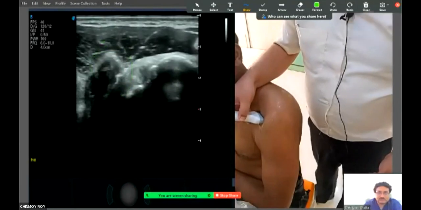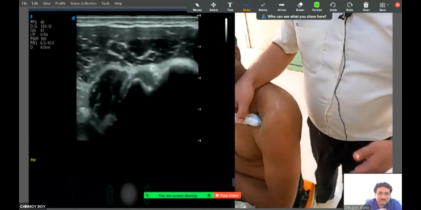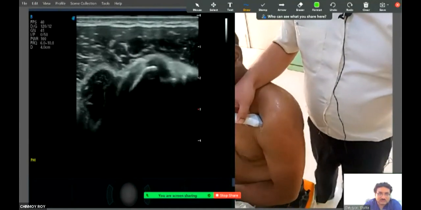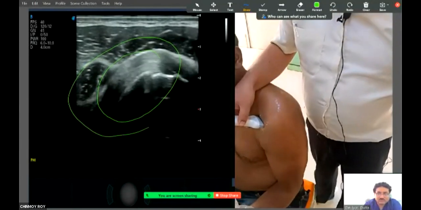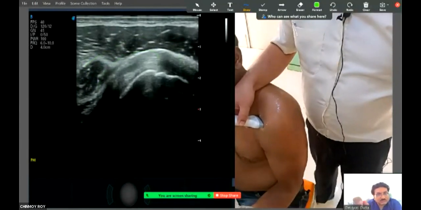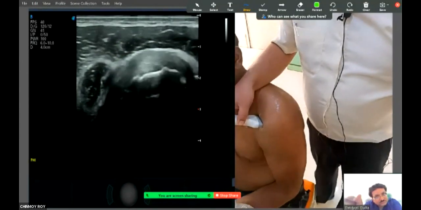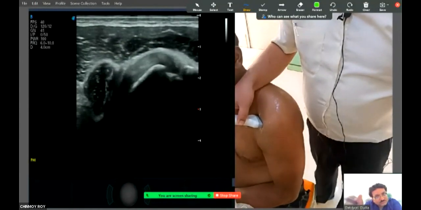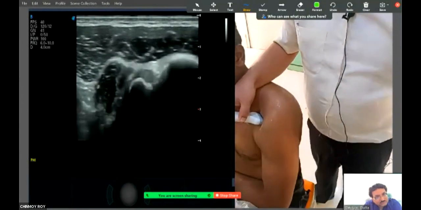Now come out again, like this. See, this is the lesser tuberosity. This is his normal hand position. If he does internal rotation, go, the lesser tuberosity is going inside the coracoid process.